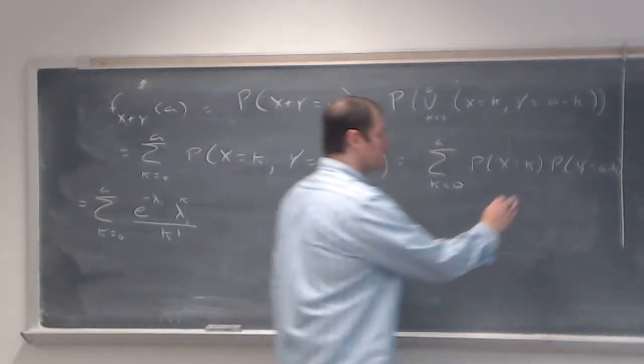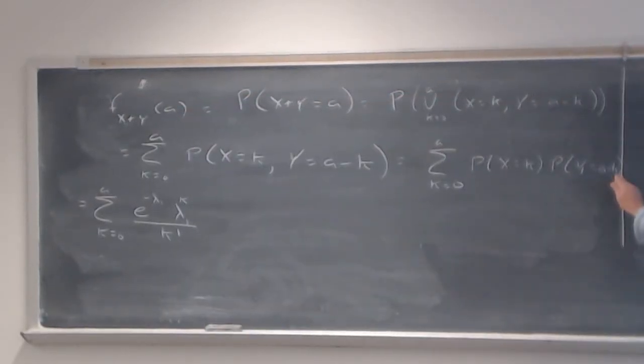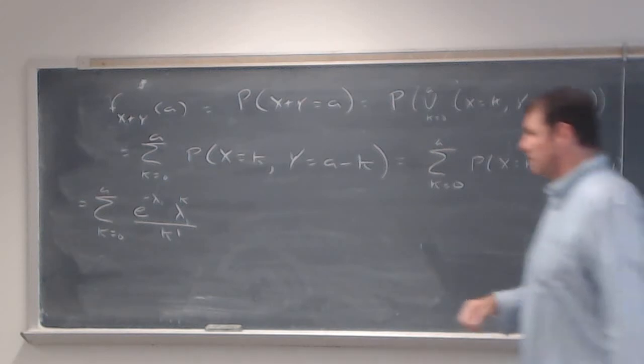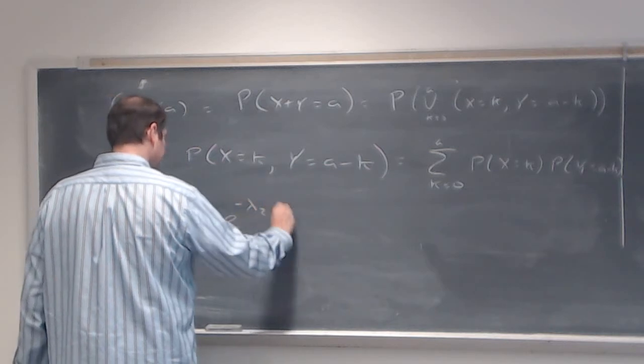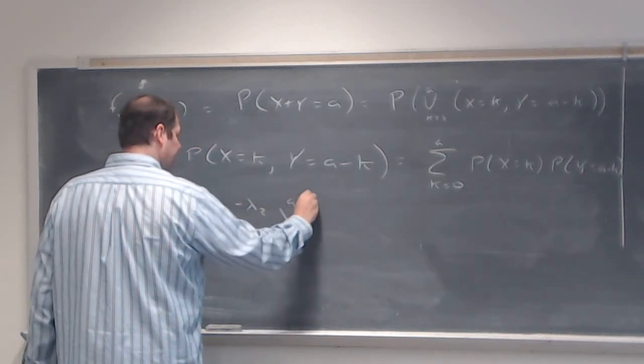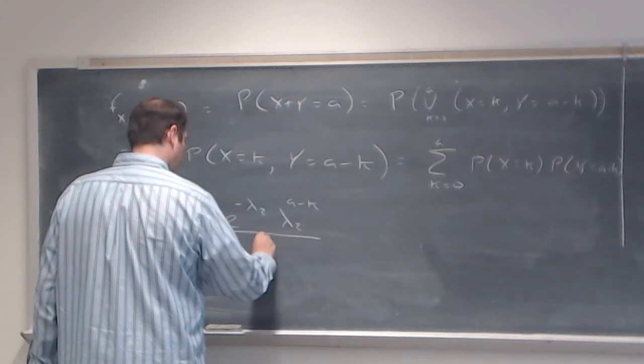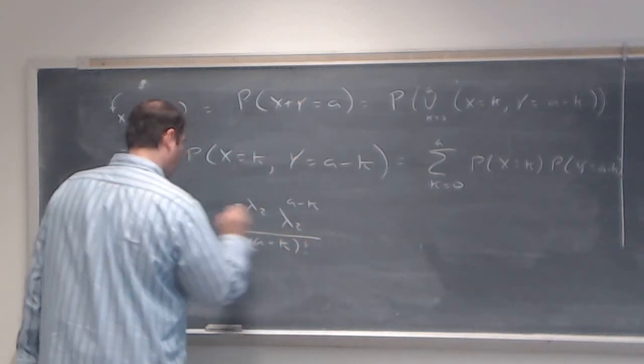Here, the probability of y is equal to a minus k. That's, remember, the PMF of y, and so it's Poisson, so it's going to be times e to the minus lambda sub 2 to the a minus k, all over a minus k factorial.